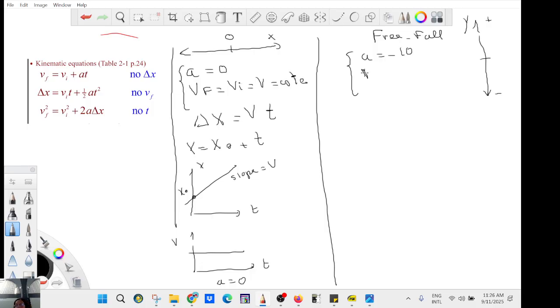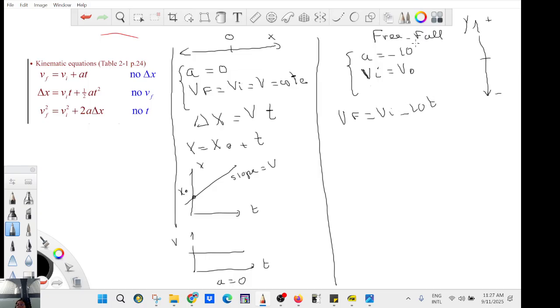We're going to have a final velocity, an initial velocity, up and down. And then what else do we have? We have a delta y. So we're going to use the equation v final equals v initial minus 10t.